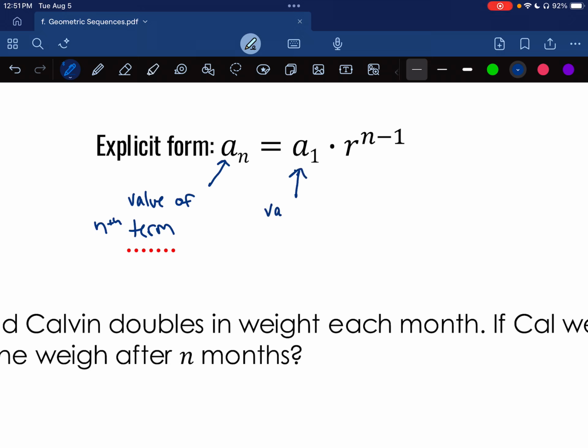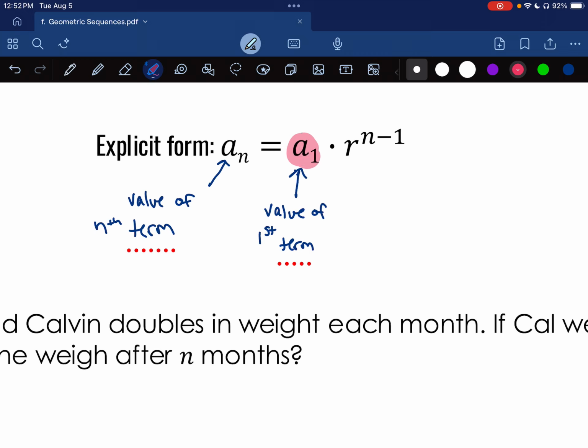Really we should just be able to say first term, this is the nth term, but I like to put in the word value to help remind students that a sub n or a sub 1 is not telling us the place, like first place, second place, third place in line. That's what n itself is for, but it's telling us who is there, the value of that term. It's much like the starting amount or the y-intercept when we were talking about linear models.